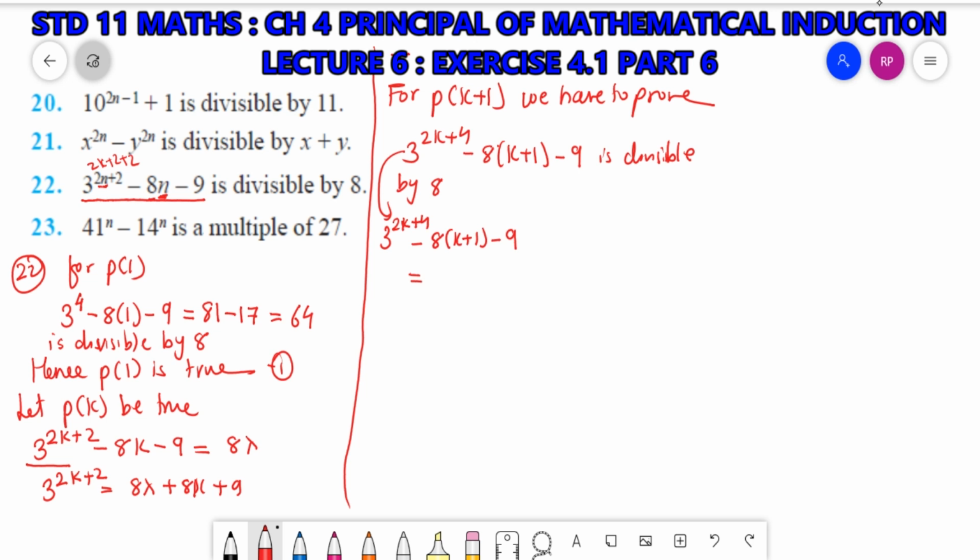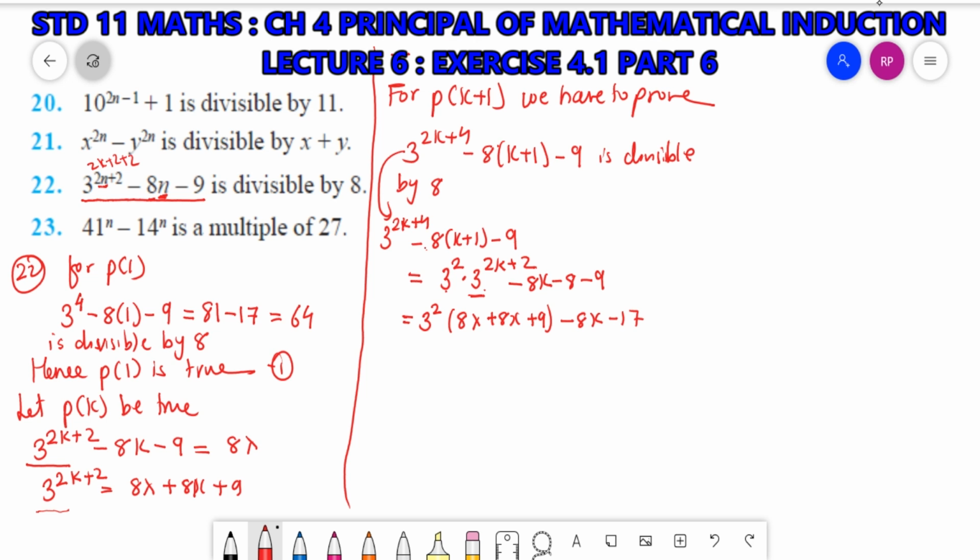Okay, this is equal to, now see what we want, 3 raised to 2k plus 2. So what I will do, 3 square into 3 raised to 2k plus 2, right? So base same, 2k plus 2 plus 2, 2k plus 4, minus 8k minus 8 minus 9. Clear? So instead of 3 raised to 2k plus 2, what I will put, 8 lambda plus 8k plus 9, minus 8k minus 8 minus 9.